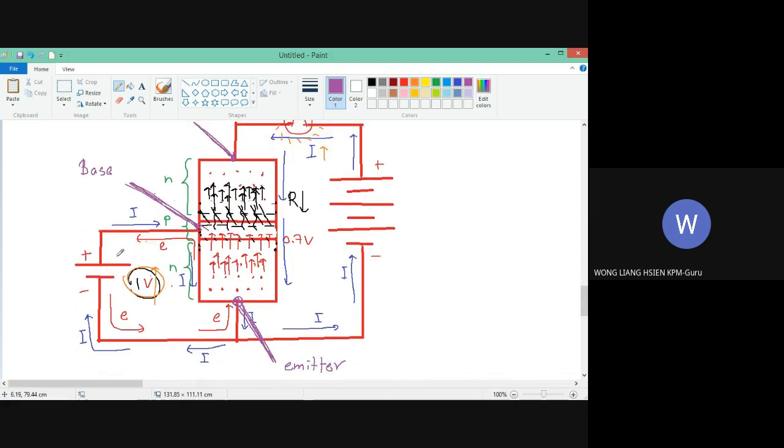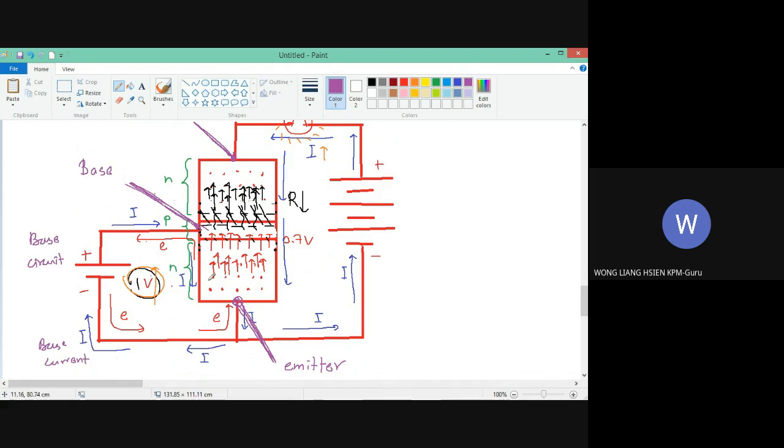This circuit that connects between the base and the emitter, this flow of current here, we call the base circuit. The current that flows here we call the base current.